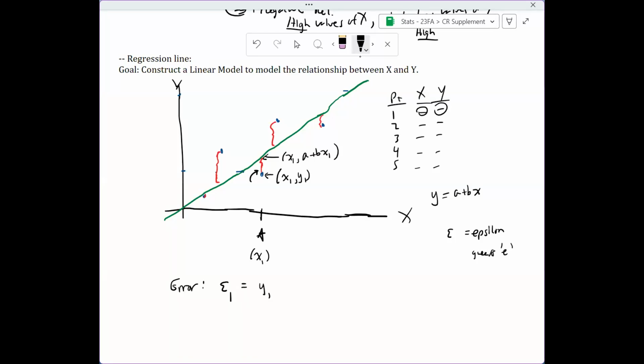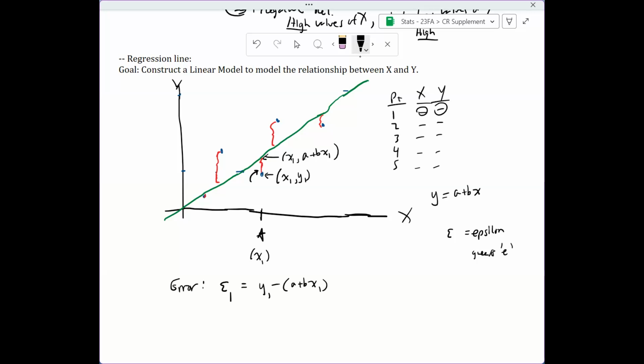Say yi minus a plus bxi: the actual observed value in the real world associated with xi versus the model's approximated value for yi at xi.